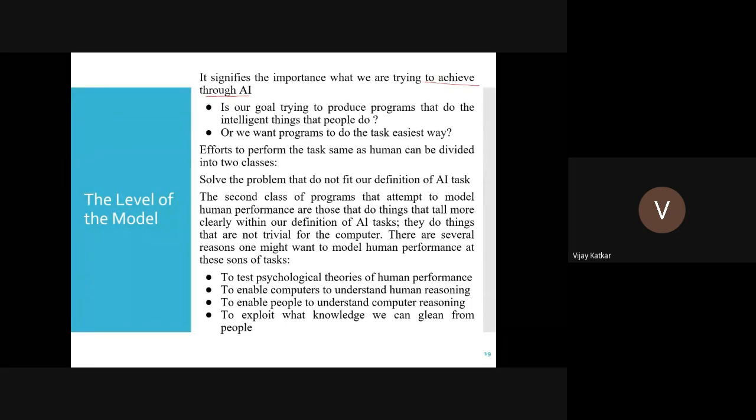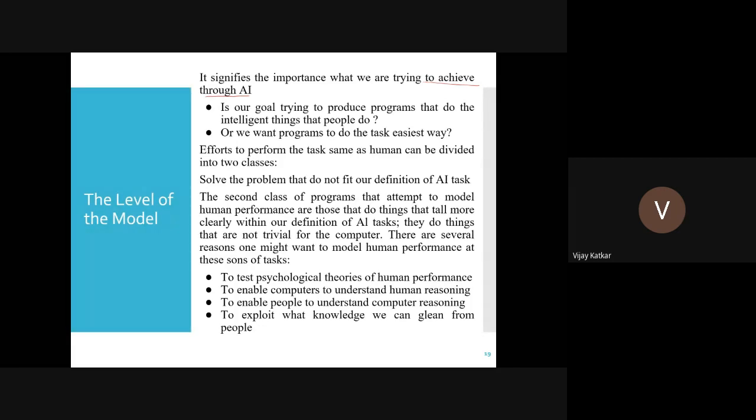For example, is our goal to produce a program that does the intelligent things that people do? Means people are doing some things and you want the computer to do that thing. That's it. Not in an easy way or great way or something like that. You are simply trying to do what people want to do.